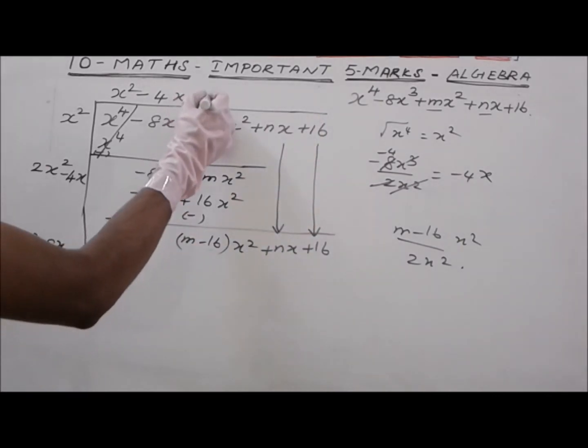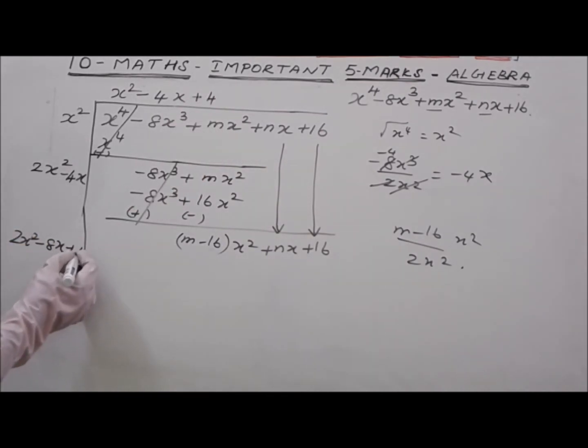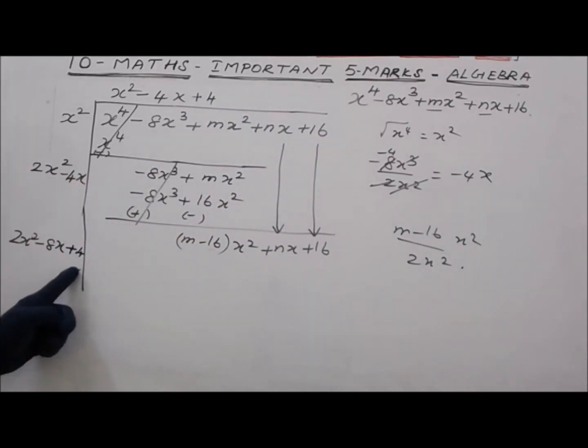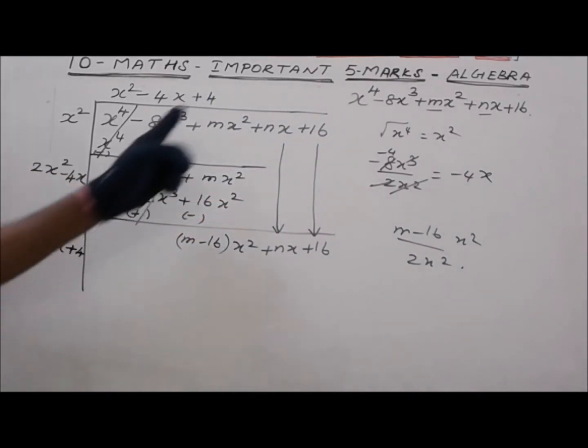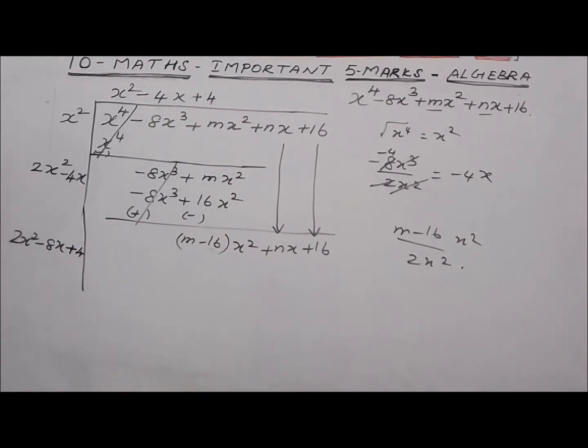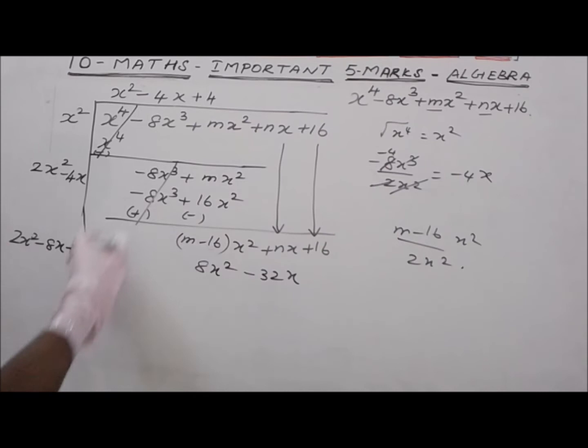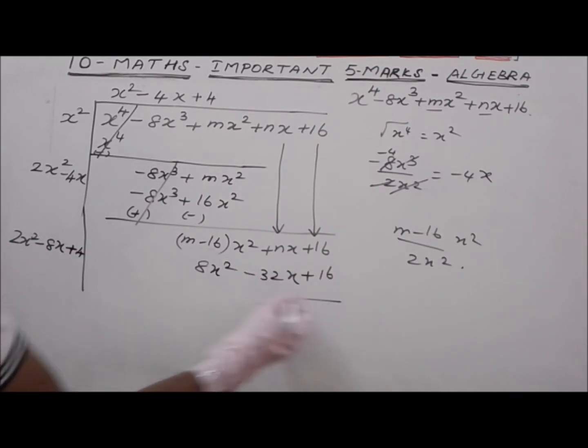So add 4 here and here, and then multiply the 4 by all the terms. Here 4 into 2x square is 8x square, and 4 into minus 8x is minus 32x, and 4 fours are 16.